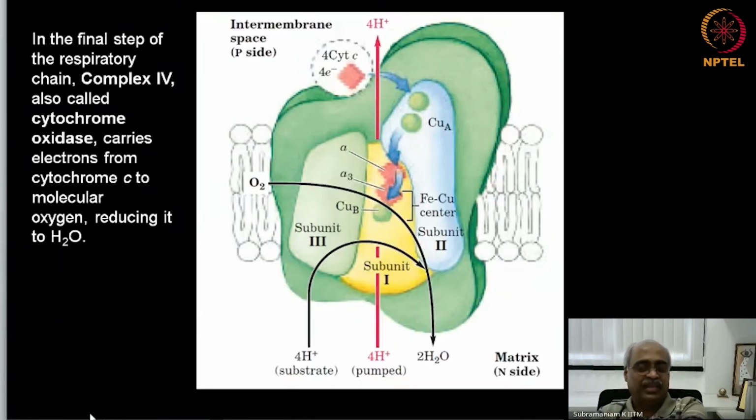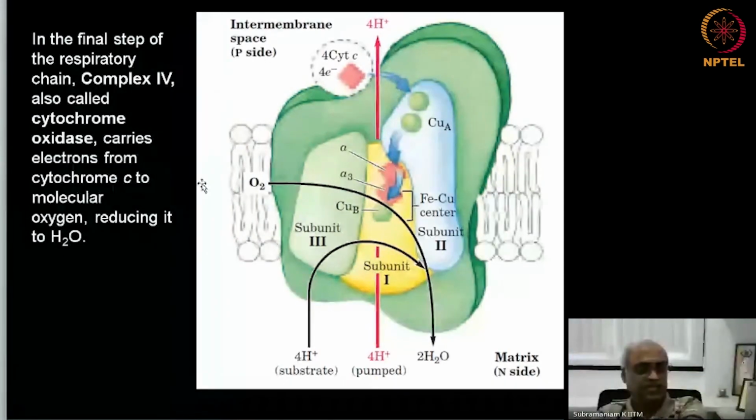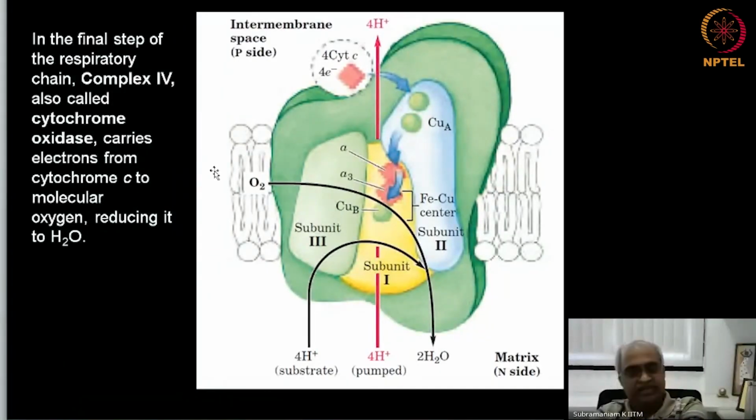All right, so now we have moved the electrons from NADH to cytochrome C. And once reduced, cytochrome C freely diffuses within the intermembrane space and binds to the final complex, complex 4.